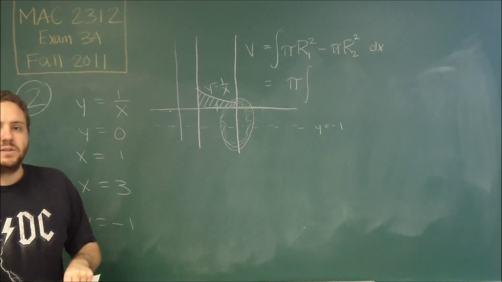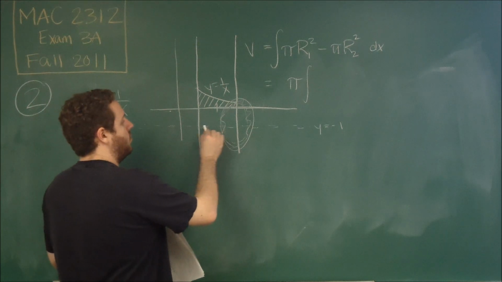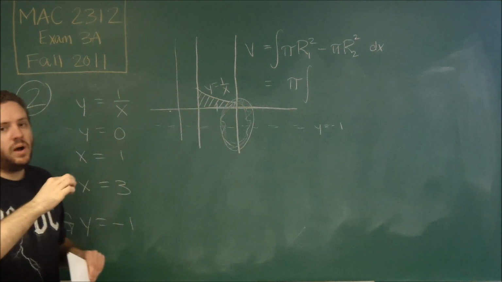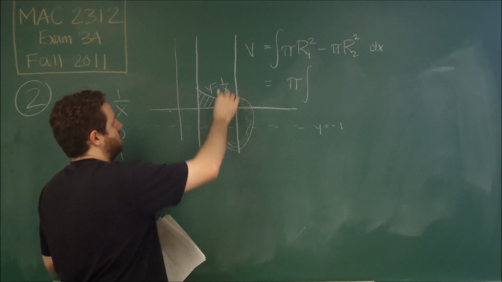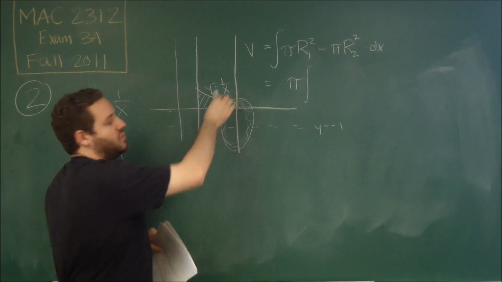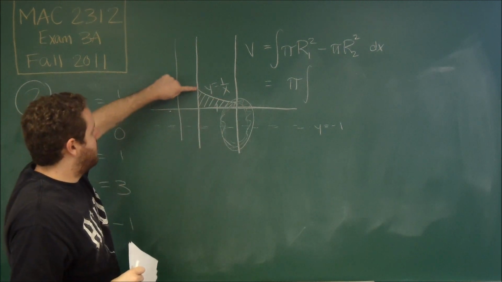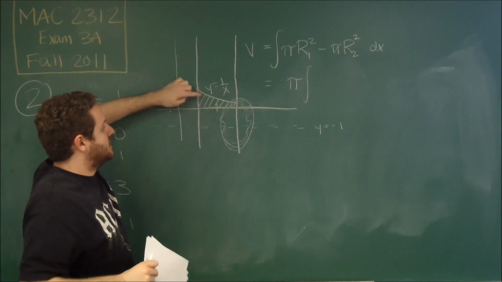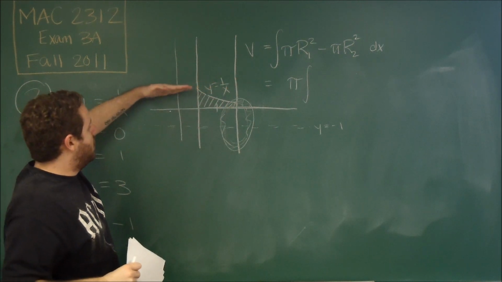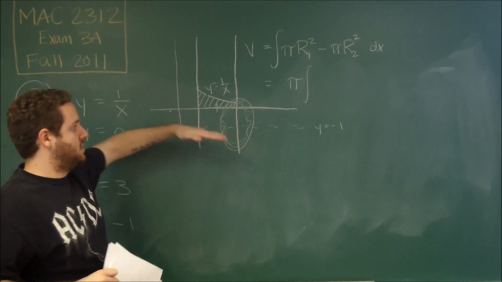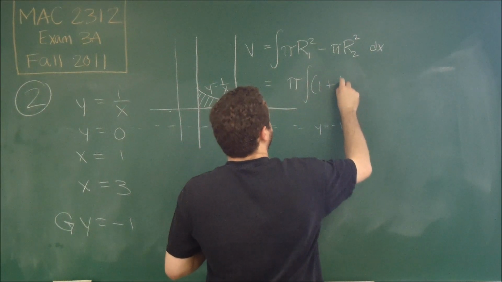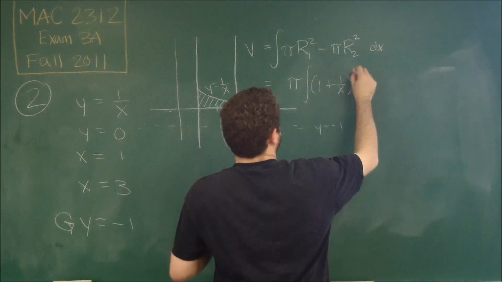So we need an expression for how far it is from y equals -1 to this line. Well, it's this y distance, 1 over x, plus 1, because 1 over x only gives you the y value to the x-axis at each x. But we want to go all the way down to y equals -1, so we have to add an additional 1. So our radius here is 1 plus 1 over x, and we have to square it.